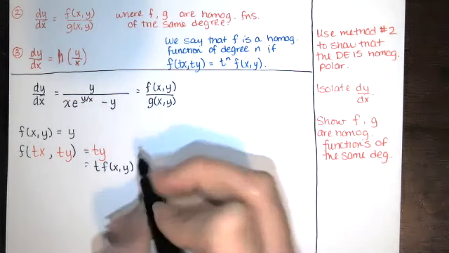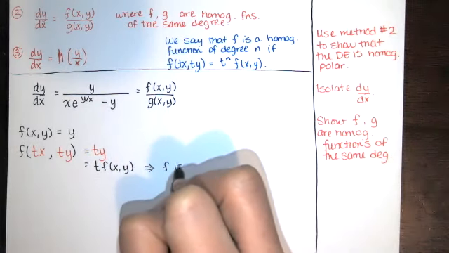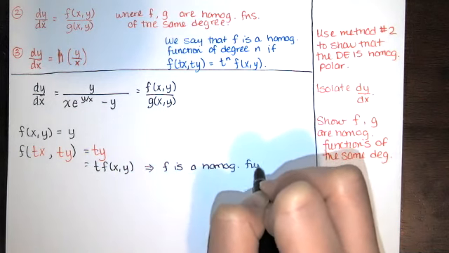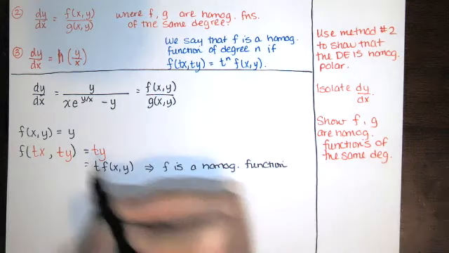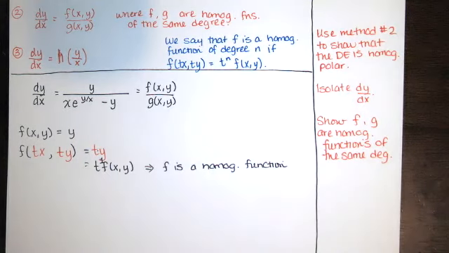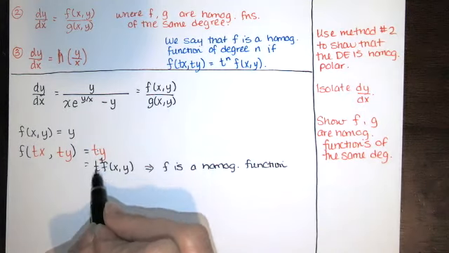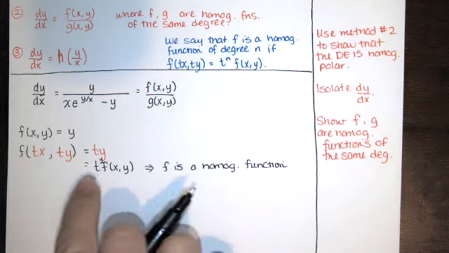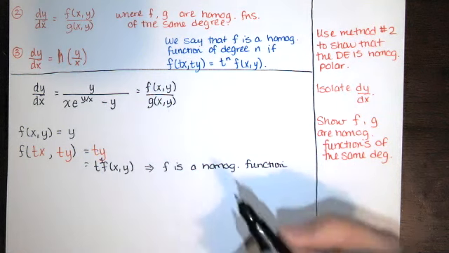So f is a homogeneous function of degree 1. Because the power of t that's multiplying this here is a first degree. Well, it's t to the first power.